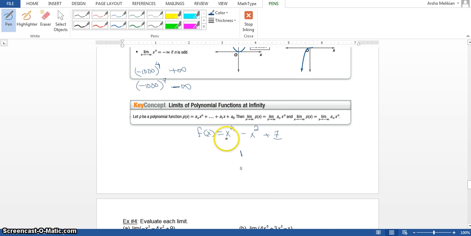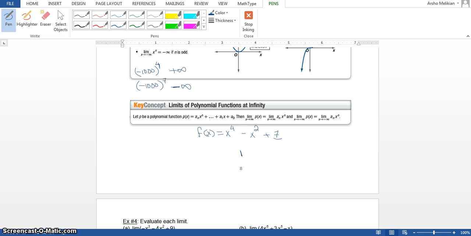So compared to the million to the power of 4, this is negligible. Compared to the million to the power of 4, even this is negligible. So what I'm trying to get at is, as you go further and further into the infinities, okay, the terms with the higher exponent become more and more powerful.